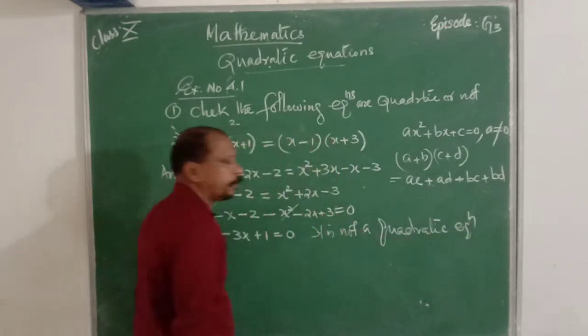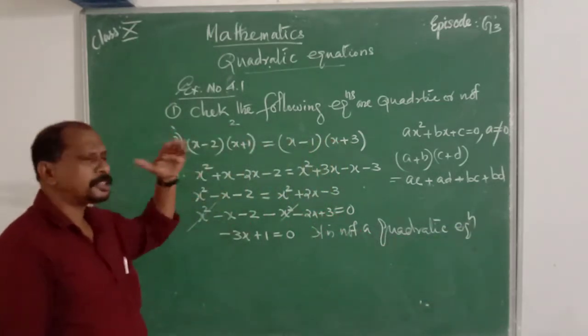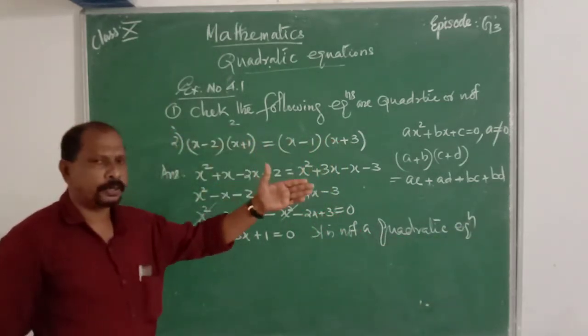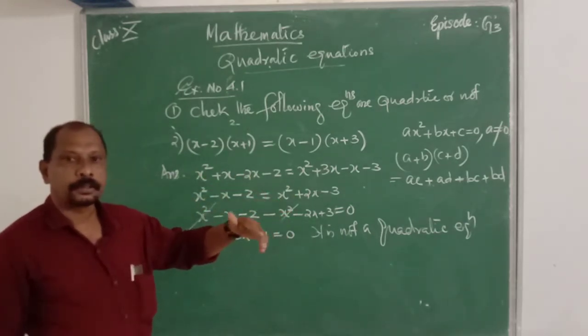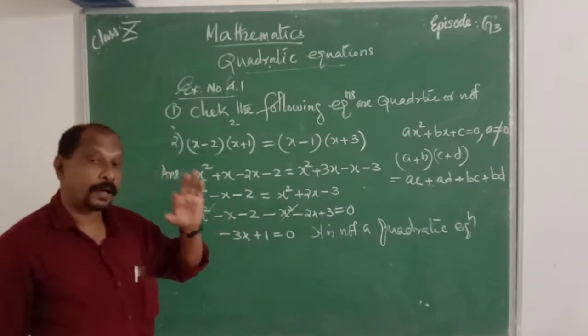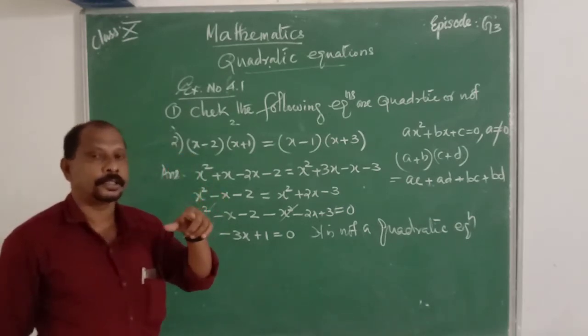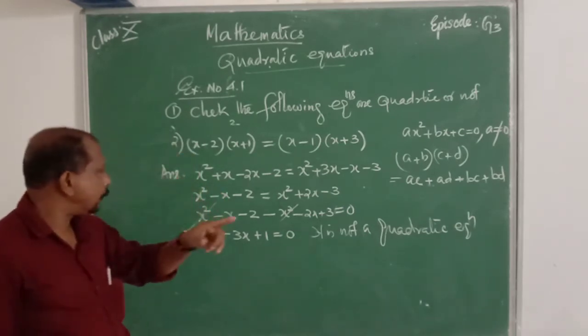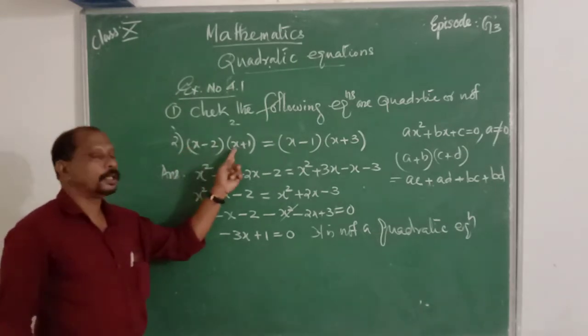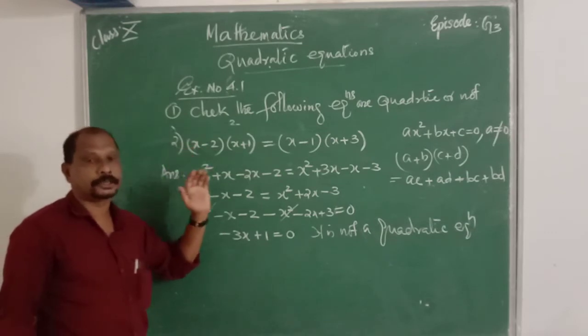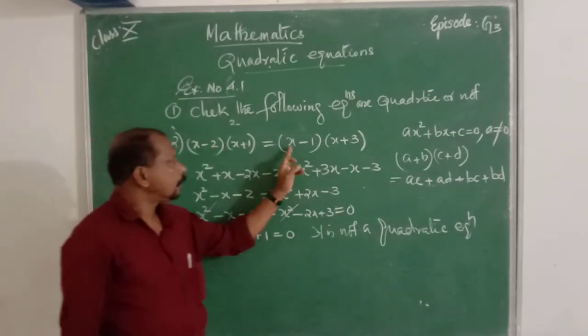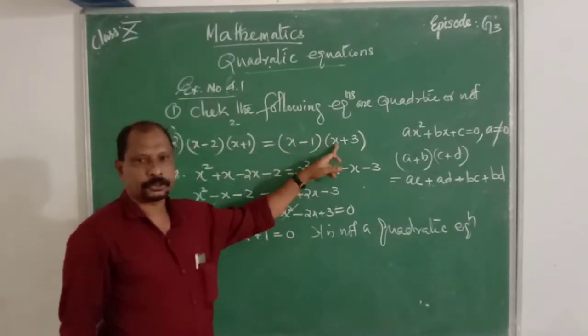Equation. But by inspection, without expanding or reducing it to the form of a quadratic, we can directly find out it is not a quadratic. What is x into x? x square. On the left side, the first term is x square. On the right, x into x is x square.